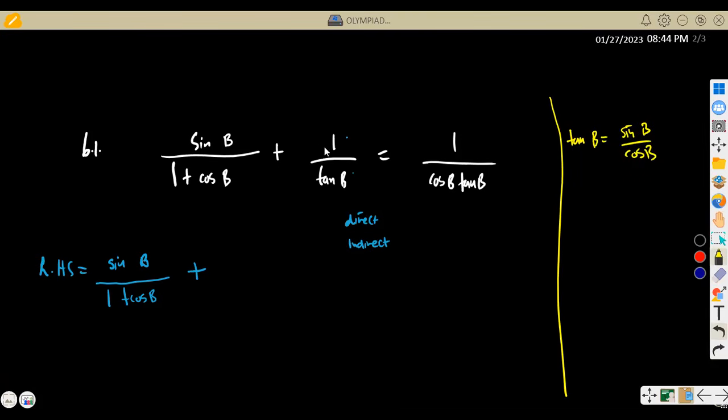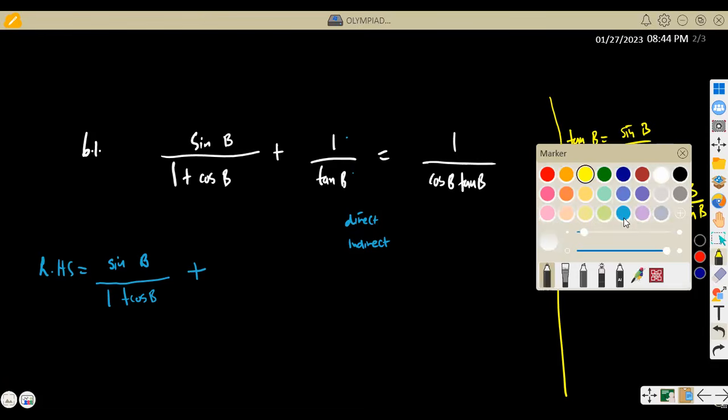But if you want to write it as cot, 1 over tan is equal to cot. If it is 1 over tan B, which gives us cot B, we know that cot B is equivalent to cos B over sine B.